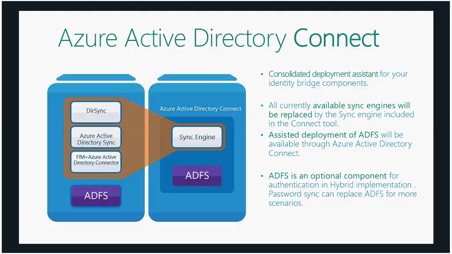But the Azure AD Connect tool also has a second component, which is the ADFS configuration. This is really interesting, because if you want to do a custom ADFS installation using the Azure AD Connect wizard, things can go very simple. You just have to specify the server name that you want to use as the ADFS server, specify a server name that you want to use as a web application proxy server, and specify the certificate that needs to be used in order to configure ADFS.